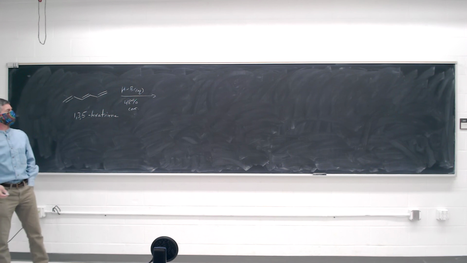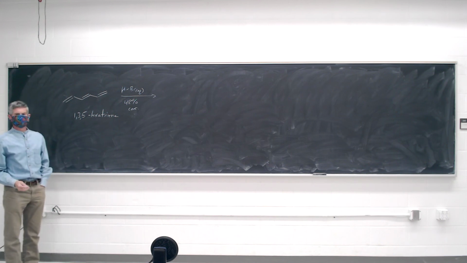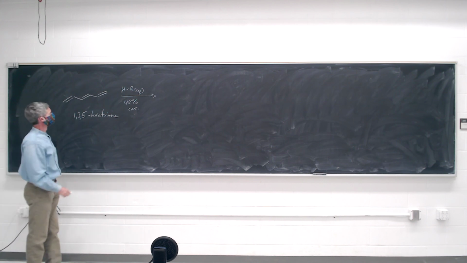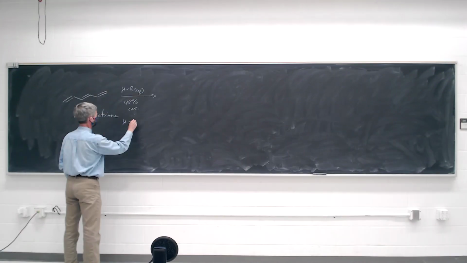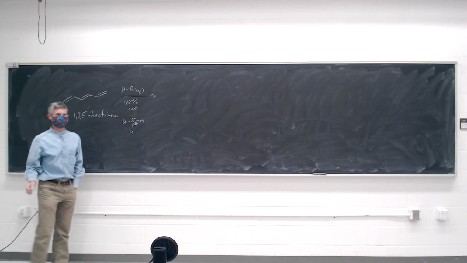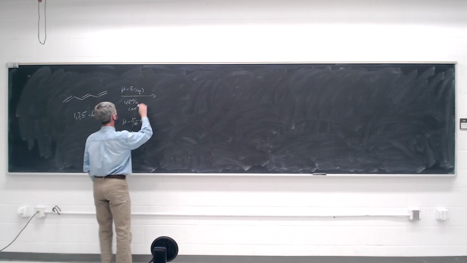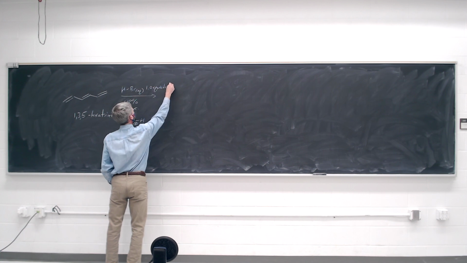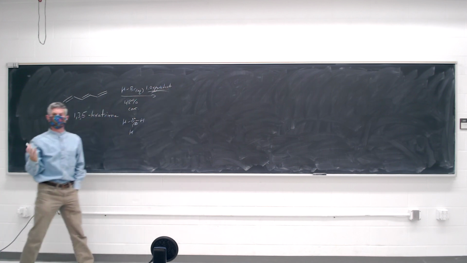HBr, concentrated HBr. Would it take all of the double bonds away or just one? It depends on how much HBr you put in there. Let's assume we're going to put in one equivalent, so that it only adds one for a while.